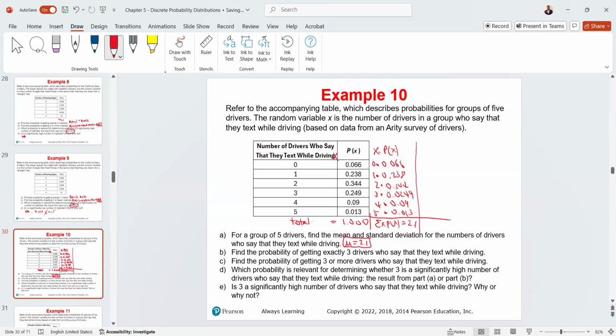Again, for the standard deviation, remember the goal is to subtract the mean from each of them, square it, and multiply by the p of x.